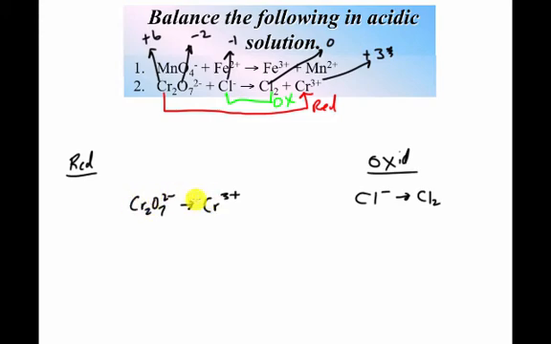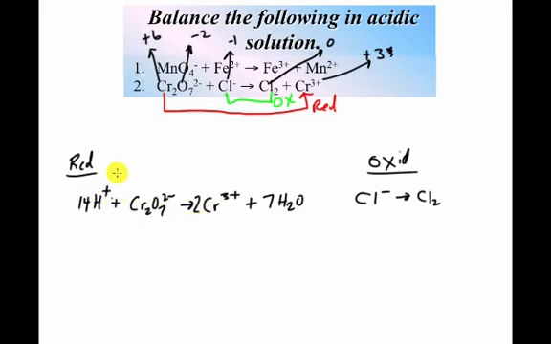I need 2 chromiums here because I have 2 of them here, so I got to put a 2 in front. Balance my oxygen, so therefore I need a 7 for the waters because I balanced the oxygens with water. Hydrogens are now balanced with hydrogen ions on the other side, so I need 14 hydrogen ions on this side. Alright, so hydrogens are balanced, 14, 14, 7 oxygens, 7 oxygens, chromiums are balanced.